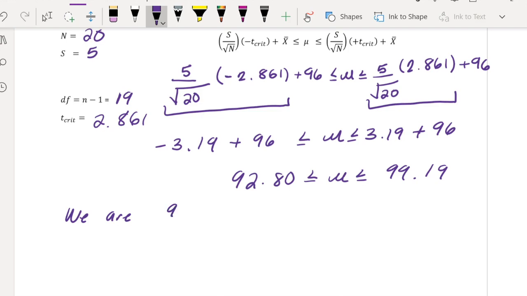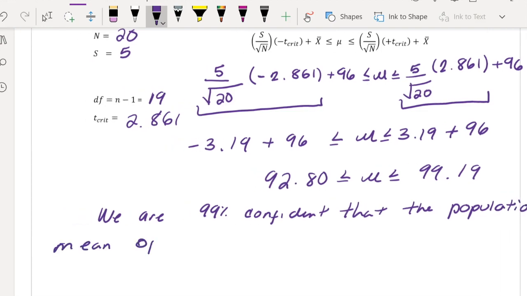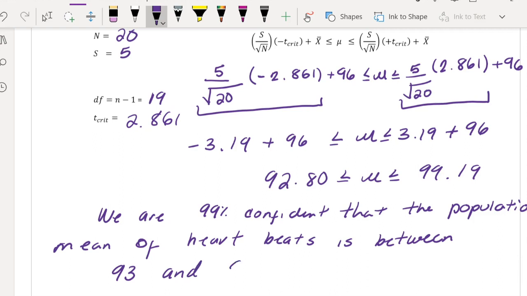We are 99% confident that the population mean of heartbeats is between, and this is a situation where I would round, just because 92.80 of a heartbeat doesn't make a lot of sense, 93 and 99 beats per minute. That's it. That's our conclusion.